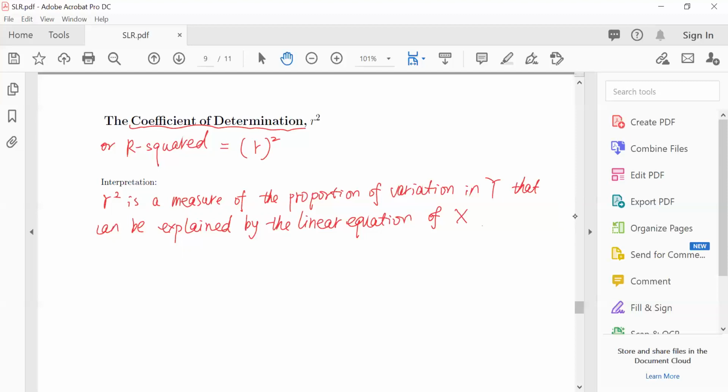Let's think about another example. Suppose we are trying to explain the BAC, which is the blood alcohol count, using the number of beers that you have drunk. Now, we would fit a regression line, and we could predict what the BAC in a person could be, say, for 6 bottles of beer.